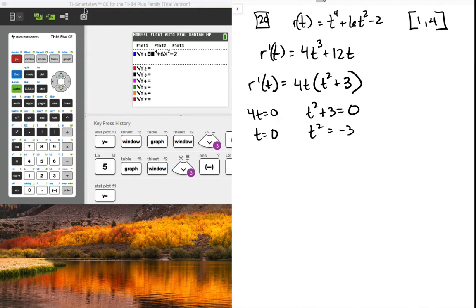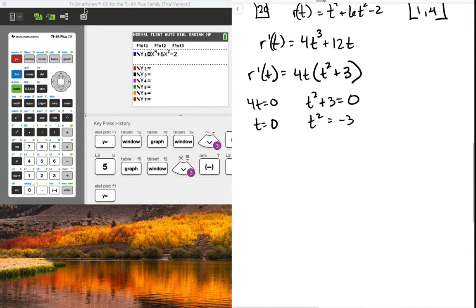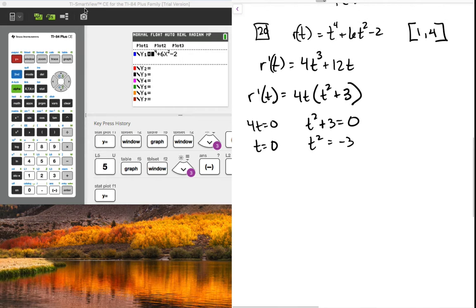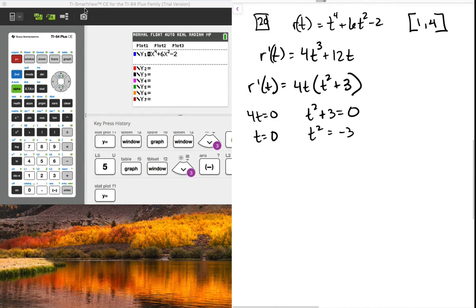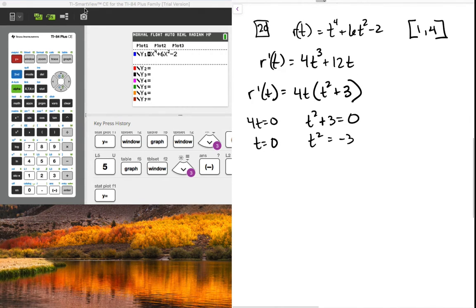Okay, so as I continue on here, I want to see what my function is going to look like at my interval points. So real quick, I figured out what my critical point is. My critical point will be at 0.